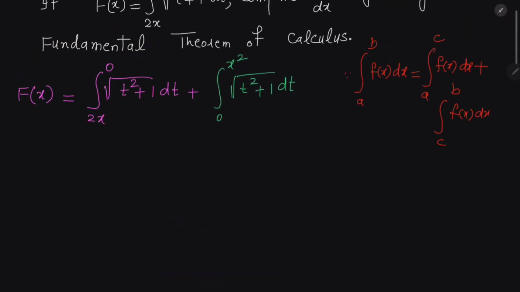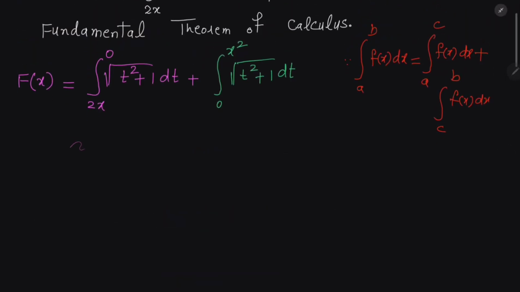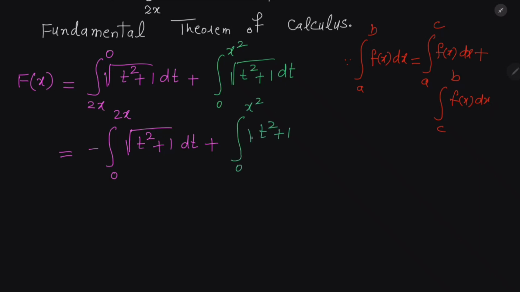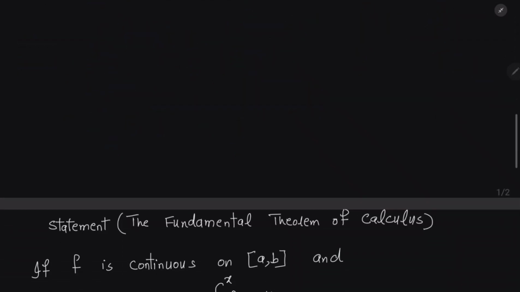So we use another property of definite integrals and change the limit from 0 to 2x, and write a negative sign, square root of t square plus 1 dt, plus this remains the same, square root of t square plus 1 dt. Now we have brought it to the form where we can apply the fundamental theorem of calculus.